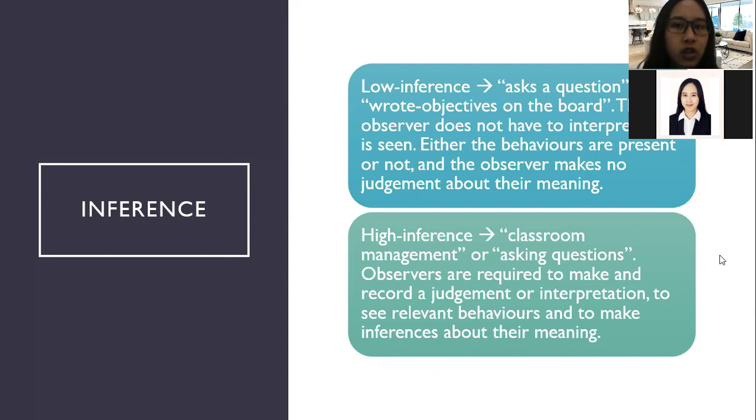For example, asking questions, or writing objectives on the board. And the second one is high inference. It is when the observers are required to make and record a judgment or interpretation to see relevant behaviors and to make inferences about their meaning. For example, classroom management or asking questions.